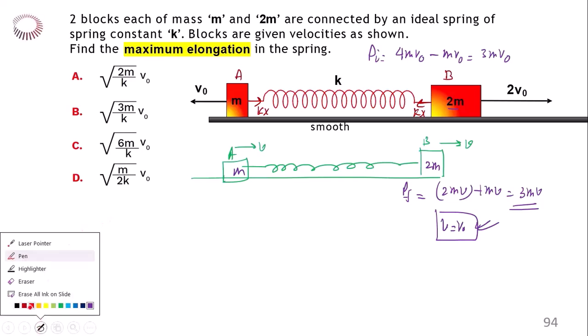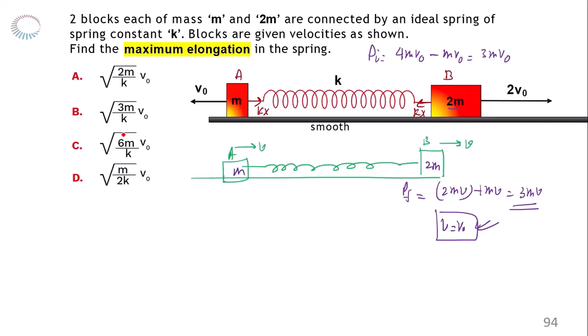Now do the energy balance between point 1 and 2. Initially, there is kinetic energy. One kinetic energy is half m into v₀², and another is half into 2m into (2v₀)². That is the initial kinetic energy. That should be equal to the final kinetic energy. Finally, both the blocks, that is m plus 2m, are moving with the velocity V, plus half into k into x².